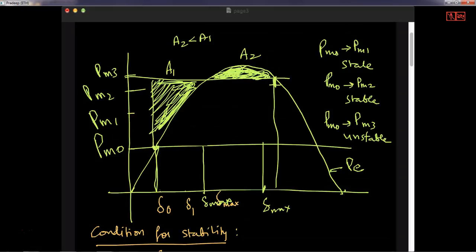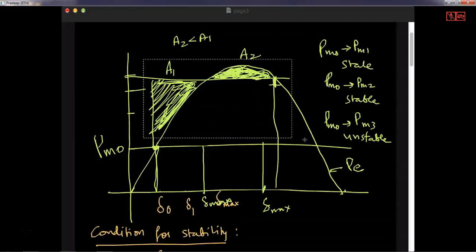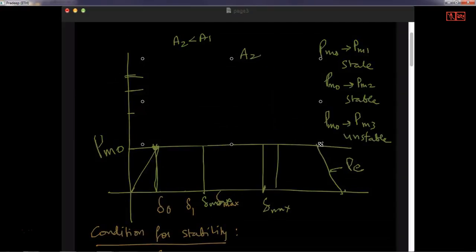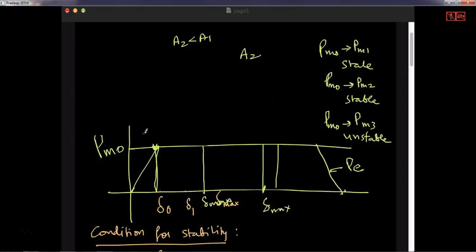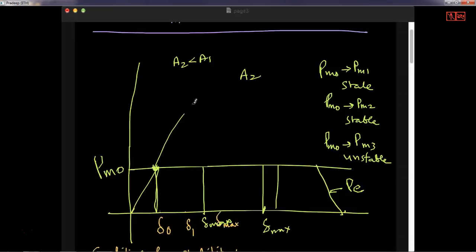So if I'm really interested in that particular limit, what I'll do is I'll choose a point.